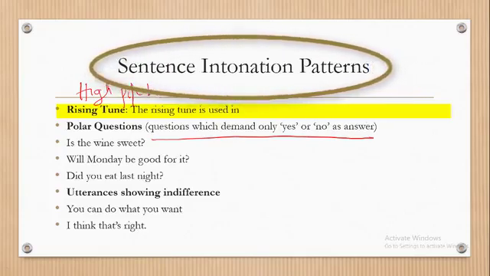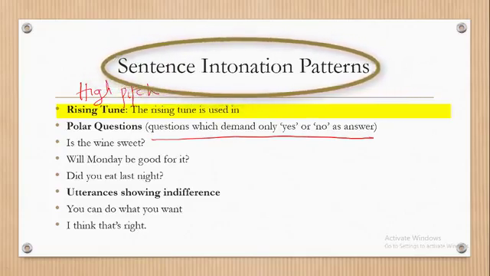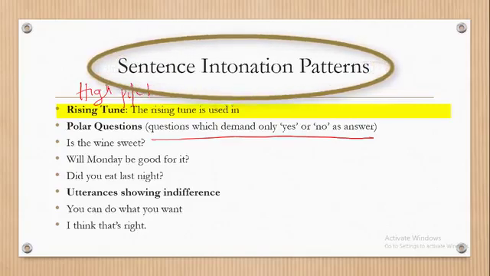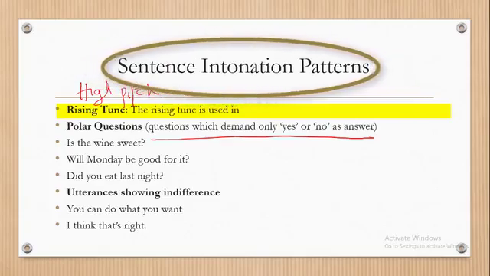For instance, is the wine sweet? Now it's either a yes or no. So it's a rising tune. Don't say is the wine sweet. Is the wine sweet? It's a rising tune.